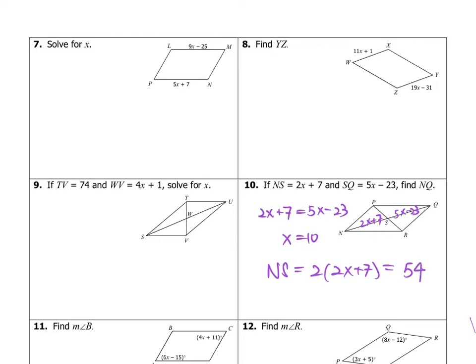So the setup here can also be 2x plus 7 plus 5x minus 23, and then you should arrive at the same answer, because S is the midpoint of NQ, because it's being bisected by the other diagonal. Then I can just double this. That's the shortcut I took. Okay.